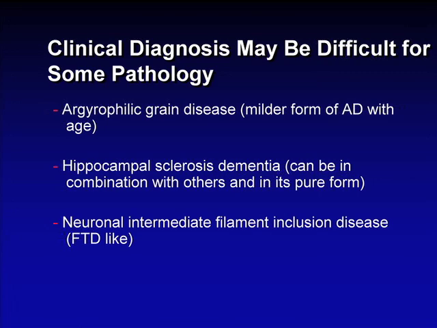People with hippocampal sclerosis dementia don't have as severe a dementia progression as, say, Alzheimer's disease. You can also have pathologies like neuronal intermediate filament inclusion disease, which presents like an FTD-like syndrome. The reason for bringing up these names is, again, to show you the spread of the disease patterns that are available within the dementia syndromes.